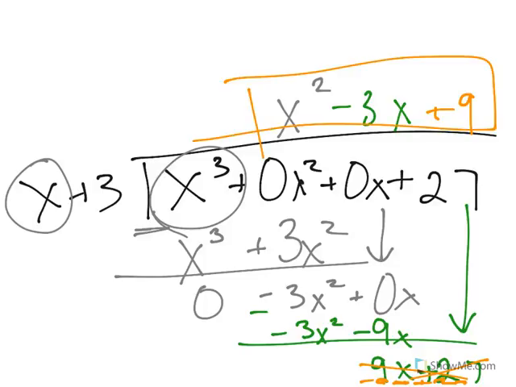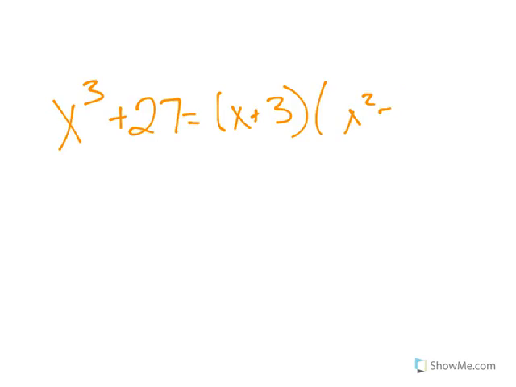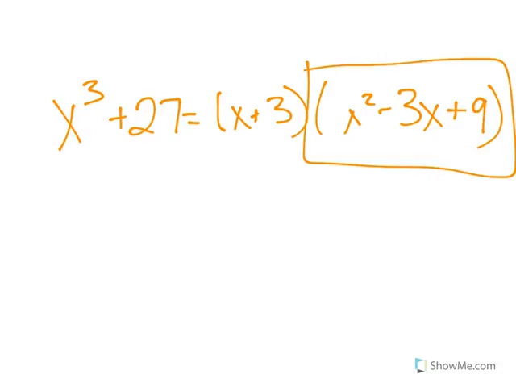This is the result of our long division. So we know that the factors of x cubed plus 27 are x plus 3 and x squared minus 3x plus 9.